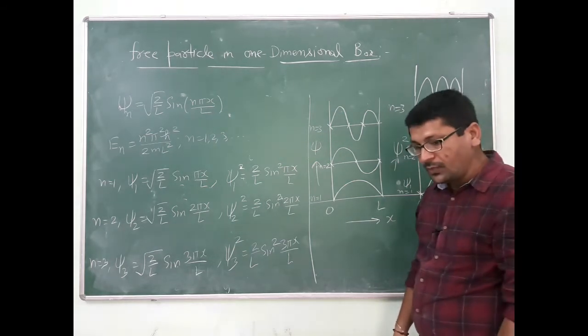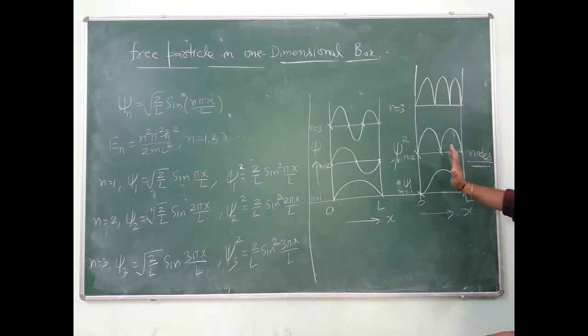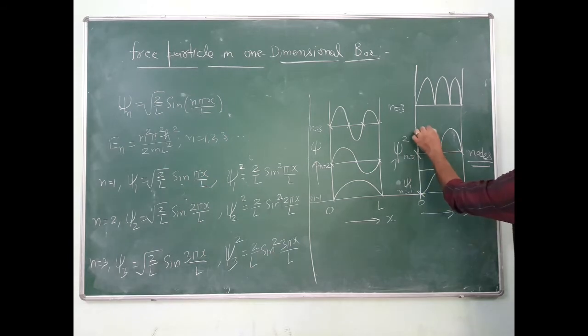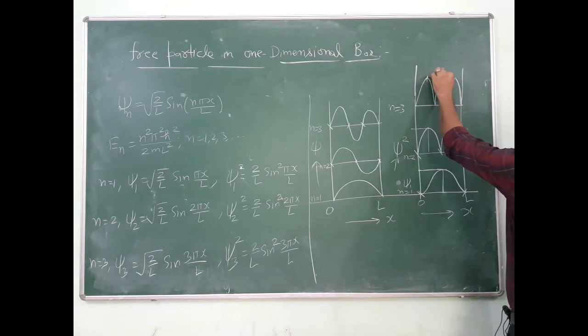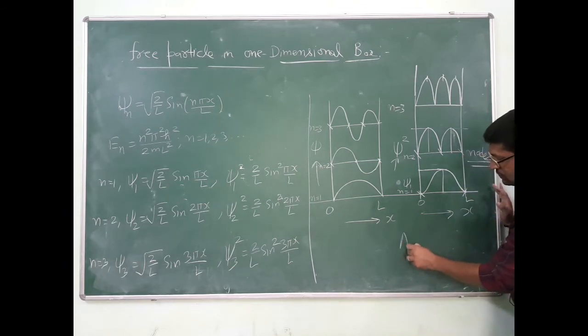From this graph we also see certain points where the probability of finding the particle becomes maximum. All these points where the probability of finding the particle is maximum are known as antinodes.